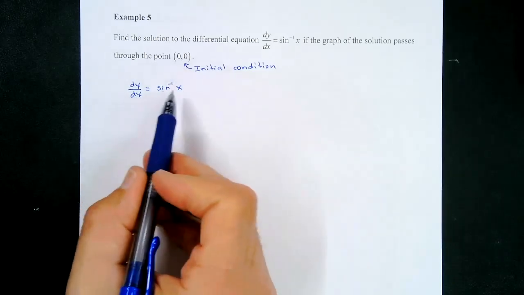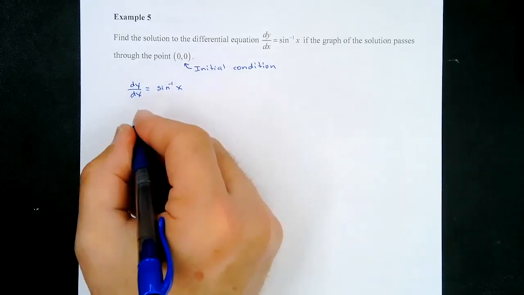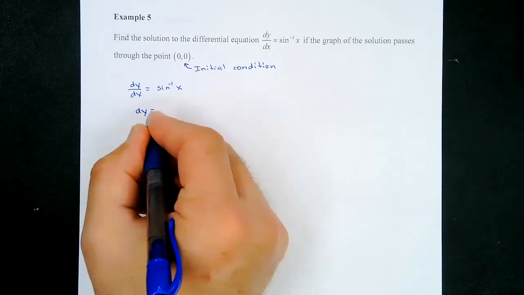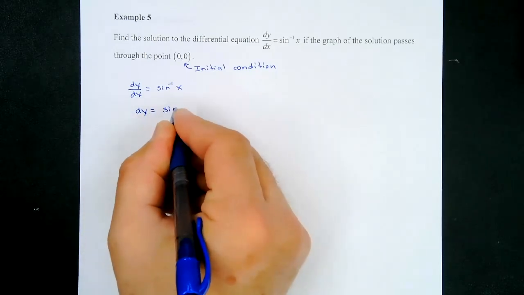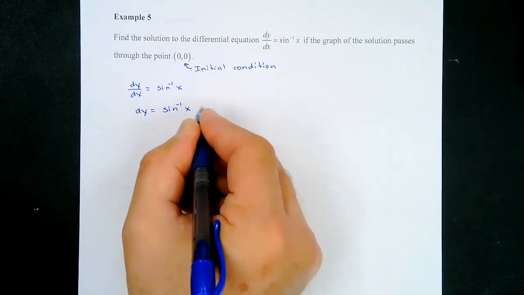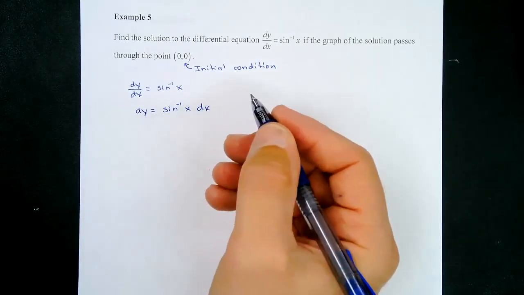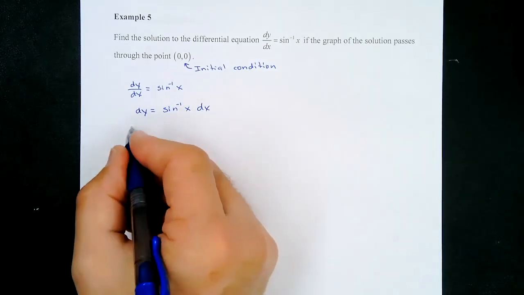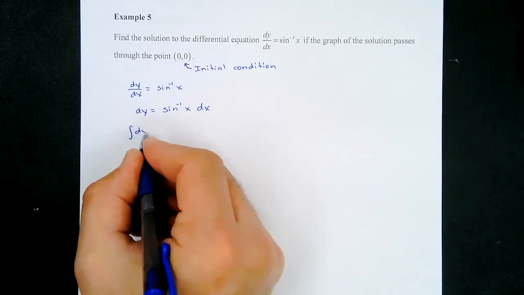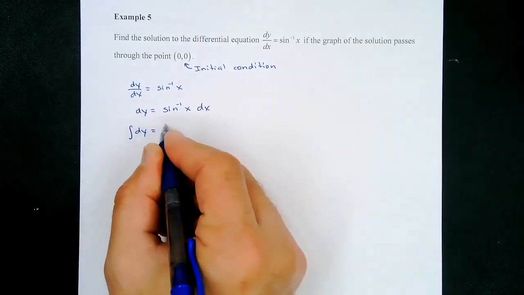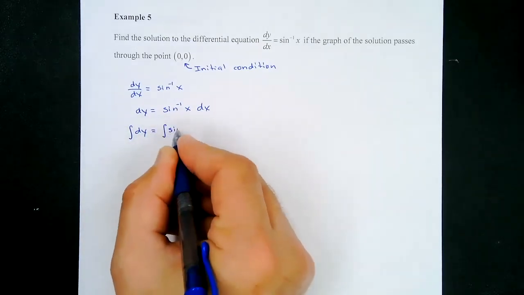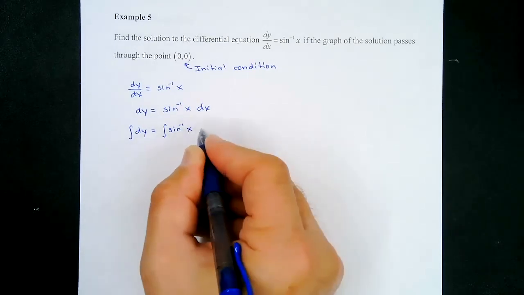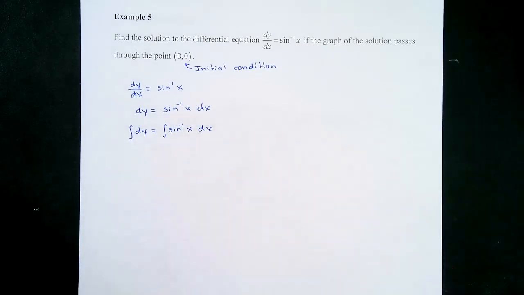So I'm going to multiply both sides by the dx, and we get dy is equal to sine inverse of x dx, and then I'm going to want to integrate both sides. So the integral of dy is equal to the integral of sine inverse of x dx.